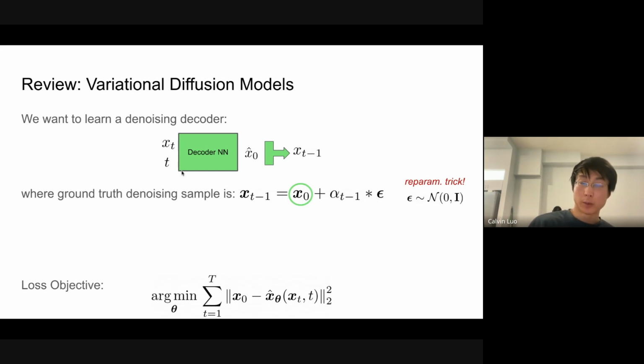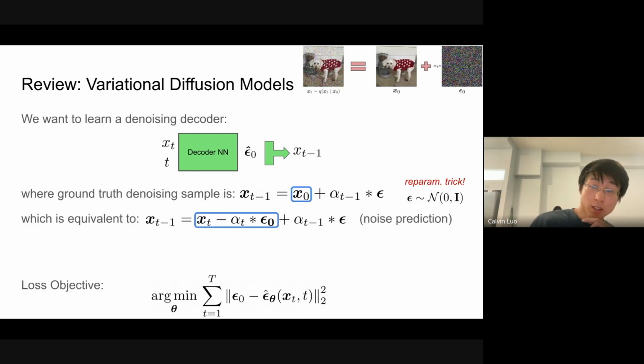That's the reparameterization trick. And when we perform training, our training objective is trying to predict x0, right? So under this formulation, our loss objective is the clean image x0. How good is our prediction from xt? And this is equivalent, when we substitute in the reparameterization trick, to trying to make a prediction of epsilon 0.